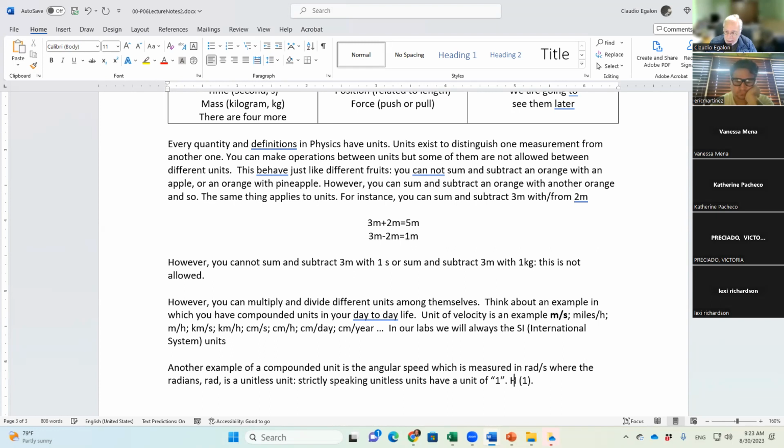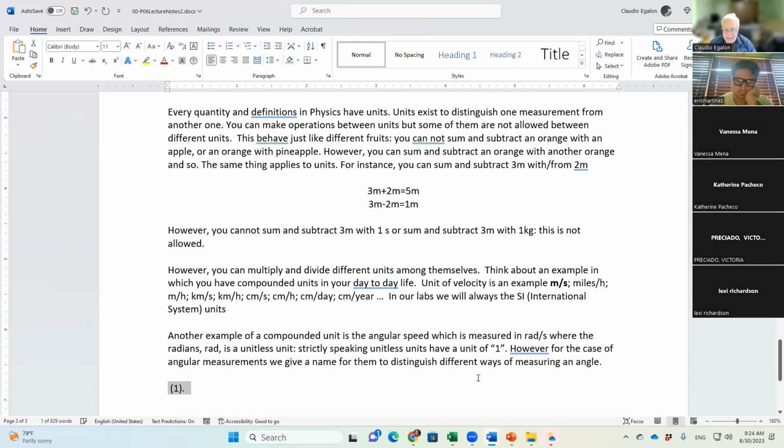However, for the case of angular measurements, we give a name to distinguish different ways of measuring an angle. I'm going to elaborate on that a little bit more later on in the course. You don't have to worry about that yet.